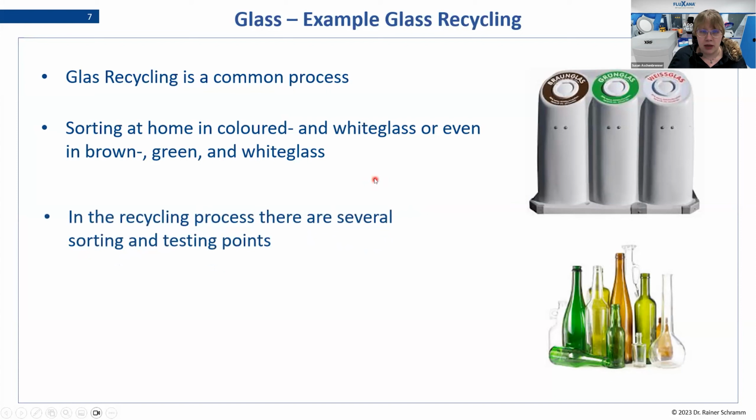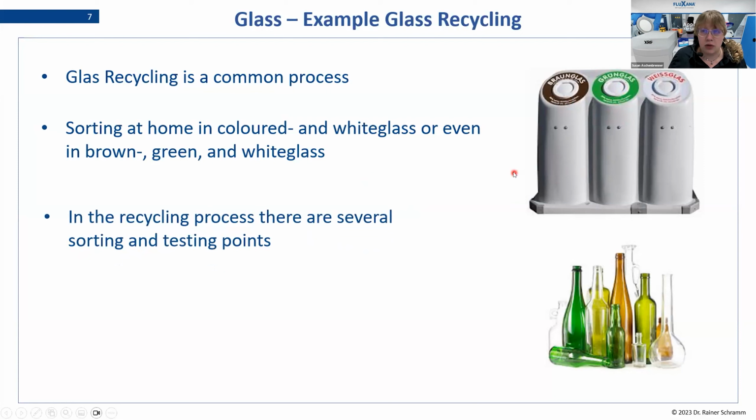Within this recycling process, there are still several sorting and testing points. Why is that? Well, sometimes it still happens that a brown glass comes to the green glass container or to the white glass container and so on. Plus, there are also quality differences.